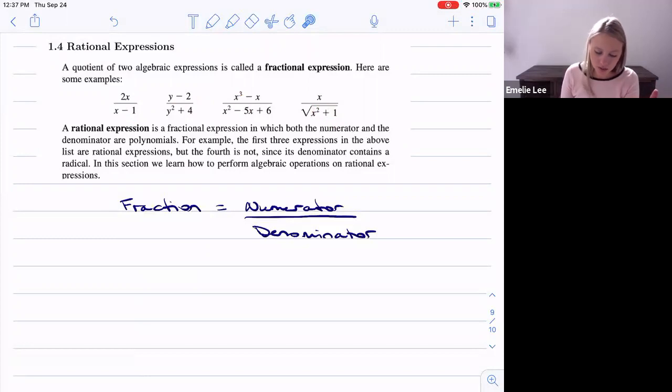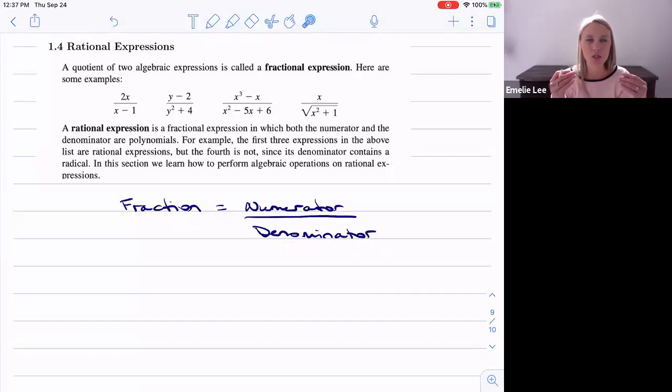As soon as we're introducing fractions, one key thing to remember is that we can't divide by 0. And another thing we have to remember is that we can't take the square root of a negative number, right? And so now these things are all going to be called the domain.